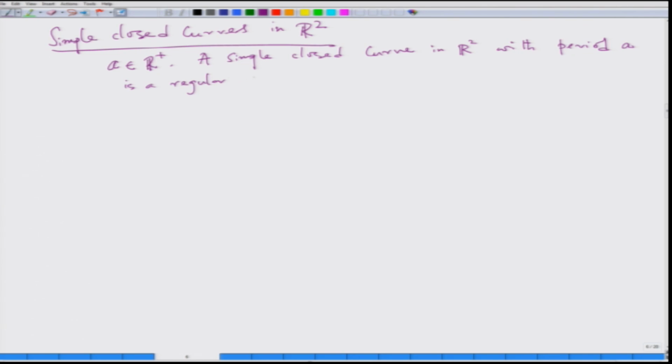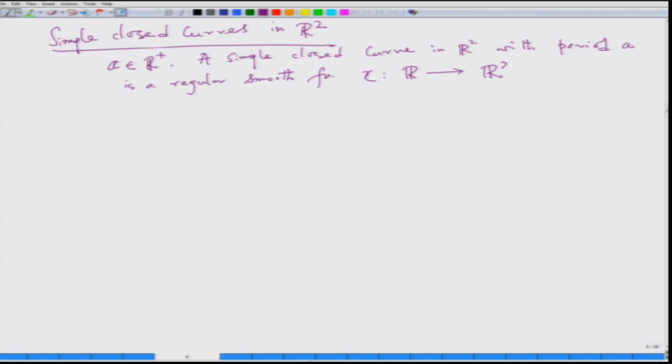We know what is regular, smooth, that is we have a tangent at every point, function gamma defined on entire R to R2.